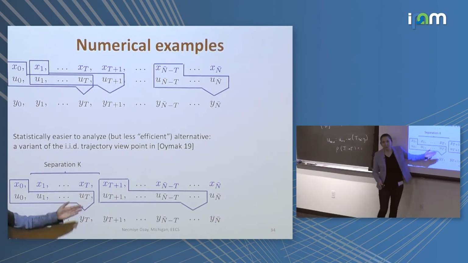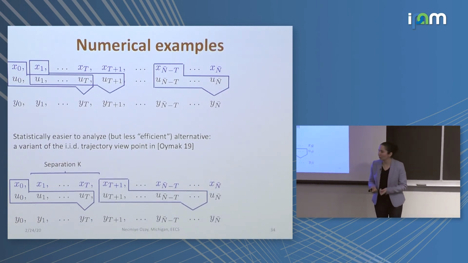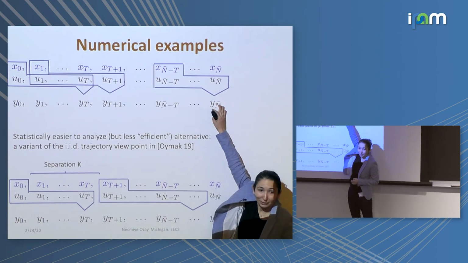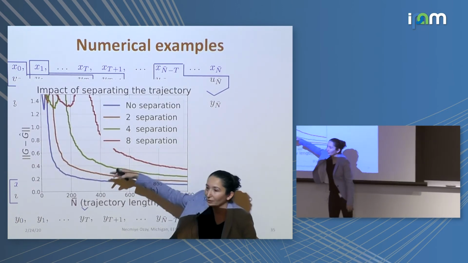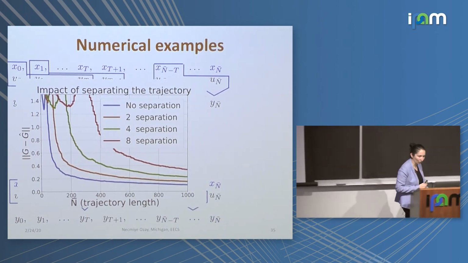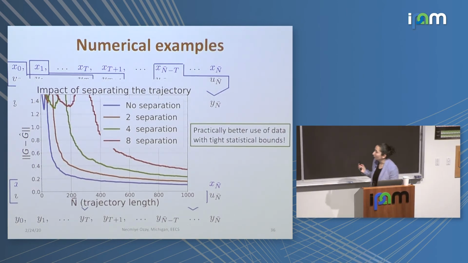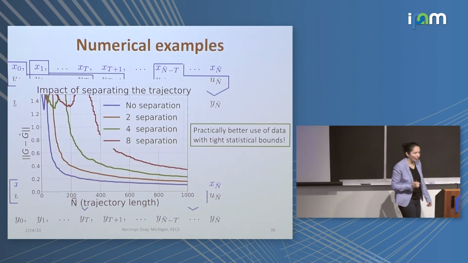But this is not making the most efficient use of your data, and this is not what is done in practice. In practice, this is what is done. And you can see that if you don't have any separation, you get much faster learning with the number of data points. So it makes practically better use of data while still giving you tight statistical bounds.